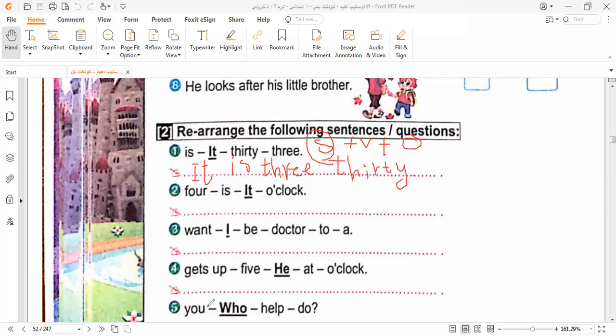Okay, I would like to say, grade 1, if we have a question in this item, we must put the question mark at the end of the sentence. I will answer one of them to know more about this. 4, is it o'clock. What is the sentence?